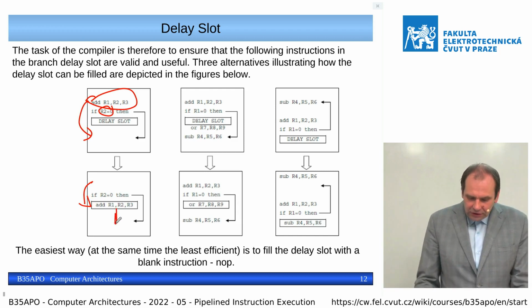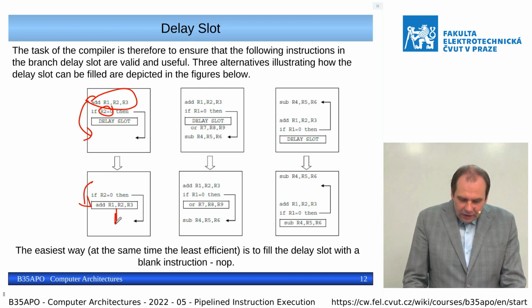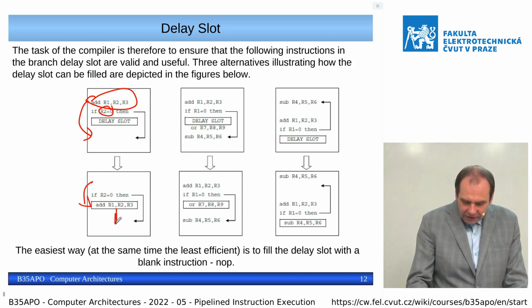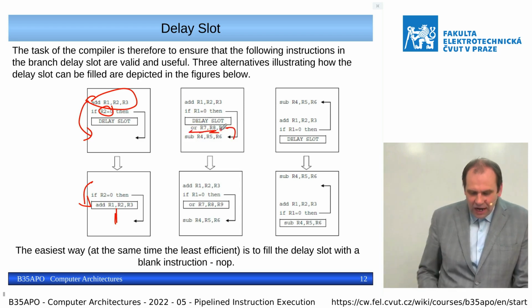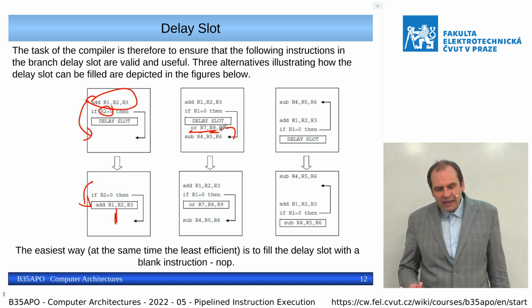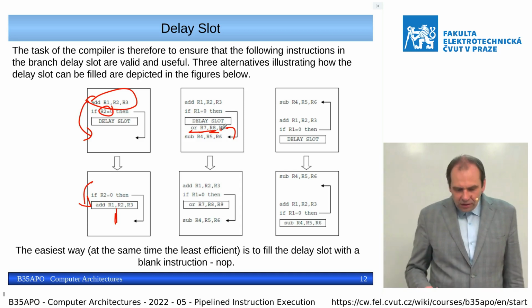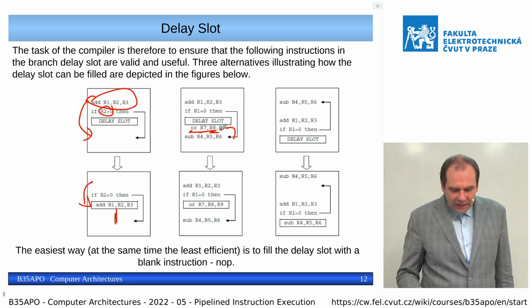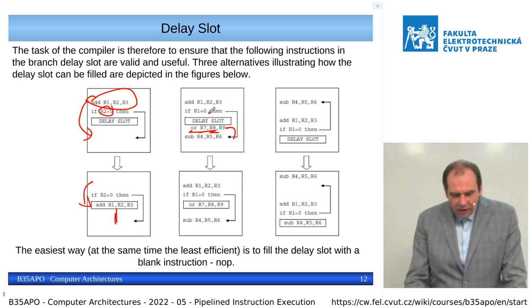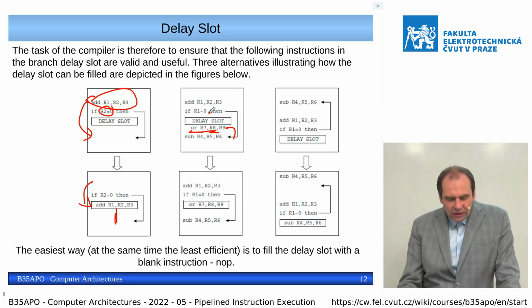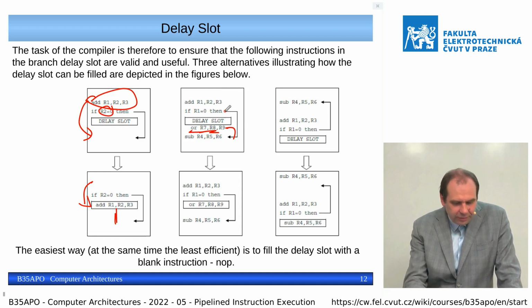Or another option is, for example, if we have an operation which can be executed, and if some following instructions are skipped, then its result is of no use, basically. It doesn't make a problem that we have executed one more instruction whose effect is in fact eliminated because we skip the rest of the code.